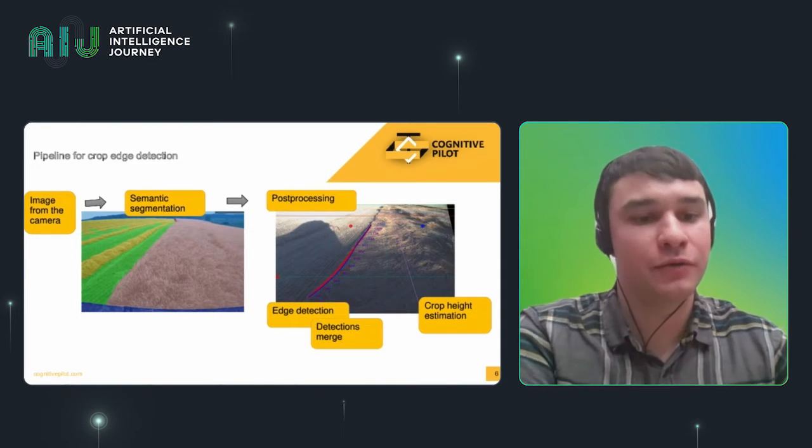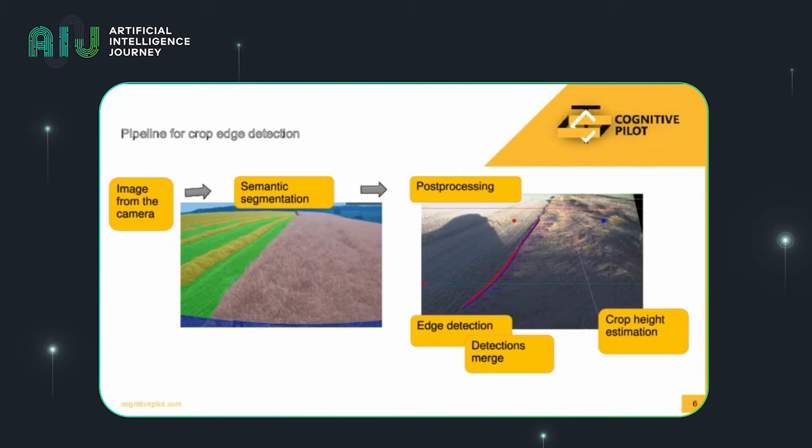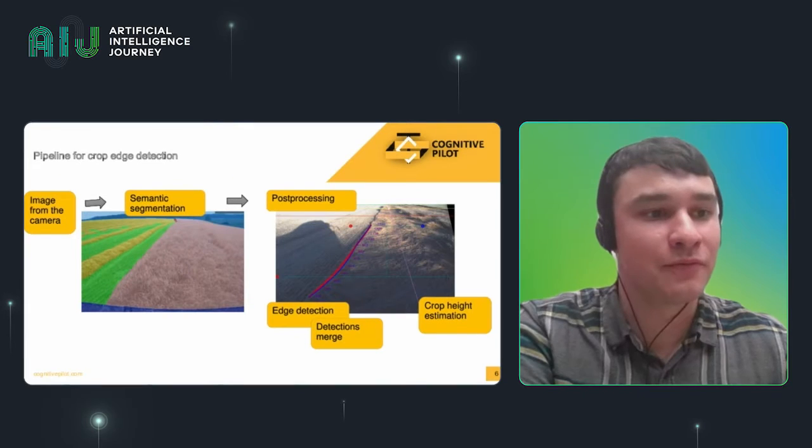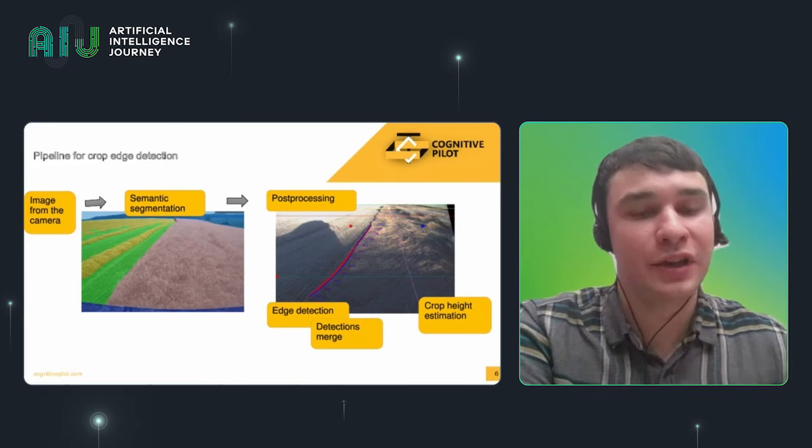So now I want to tell a few words about the pipeline of perception for the case of crop edge detection when we're moving along the edge of the standing crop, for example, wheat. So the image from the camera forwarded to the neural network, which performs semantic segmentation. And on the left image, you can see the result of the semantic segmentation, where every color means the appropriate class of the image.